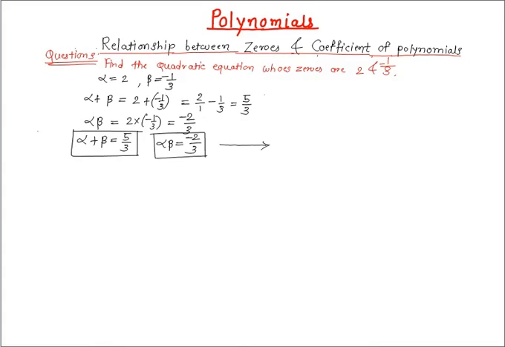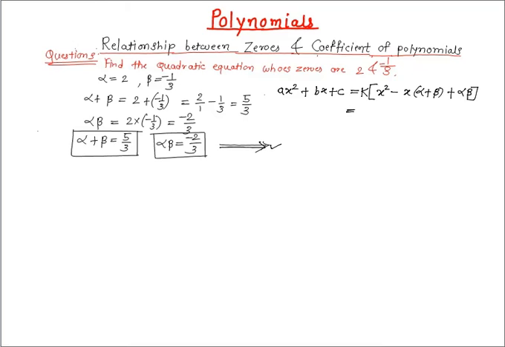Now we learned the general formula to calculate the quadratic equation if alpha and beta are given. What is that formula? ax square plus bx plus c equals k into x square minus x into alpha plus beta plus alpha beta. Now we know the values of alpha plus beta and alpha beta, right? So let's put that in this equation.